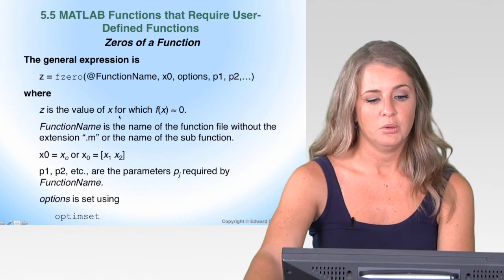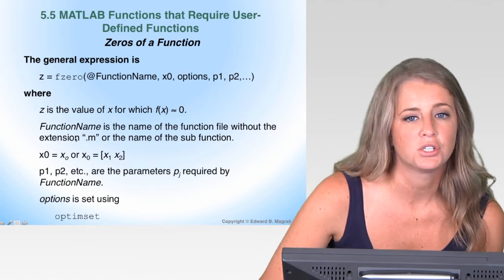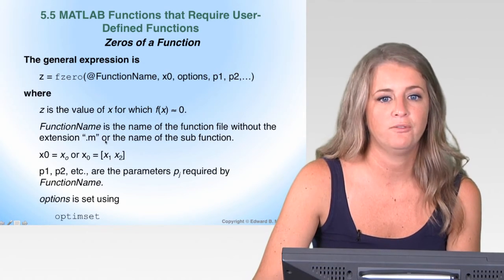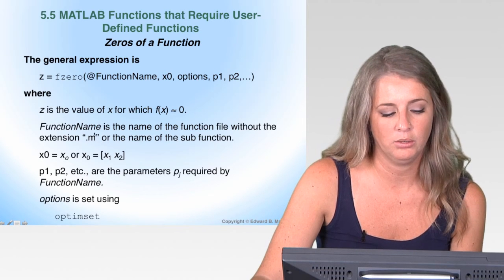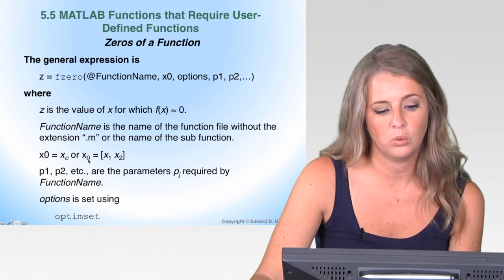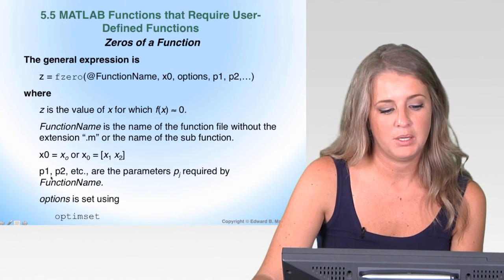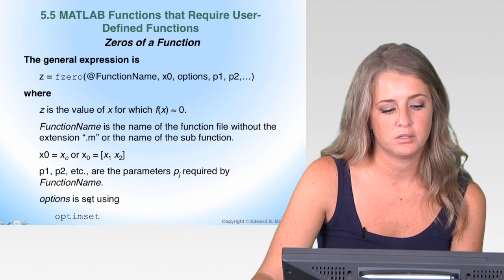So z is the value of x for which f of x is approximately 0. Function name is, again, the name of the function file with the extension .m that we create. x0 is equal to x0, or x0 is equal to that array of values. And then p1, p2 are, again, those parameters.